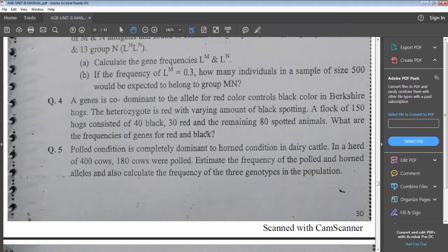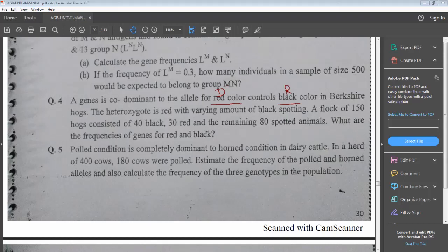The gene is codominant with allele red color controlling the black color. Here they had written that this red color controls the black color, meaning red is the dominant character, as it is controlling this black recessive character.